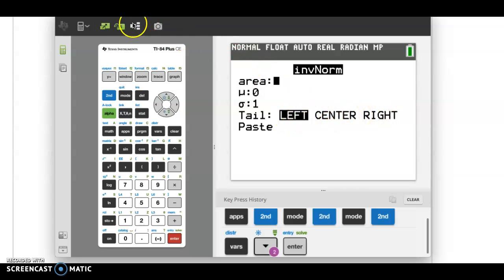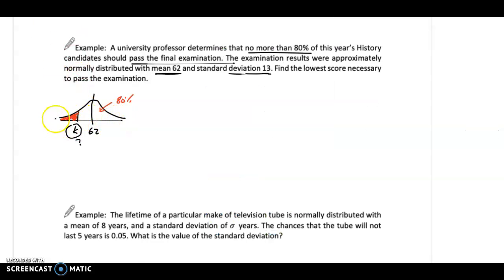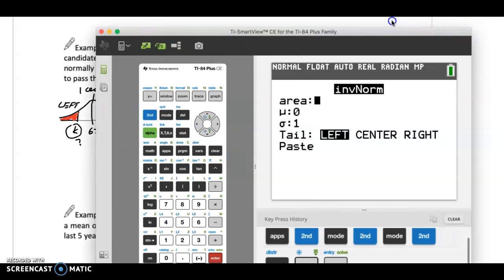This would be your left, this could be your center, and then this would be your right. So that's the idea that we're doing.